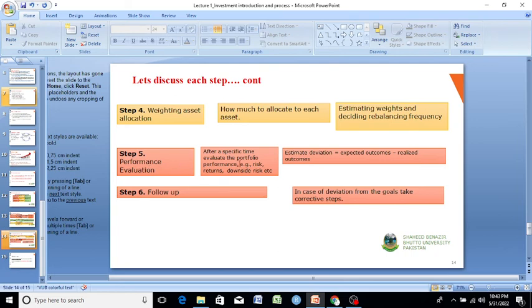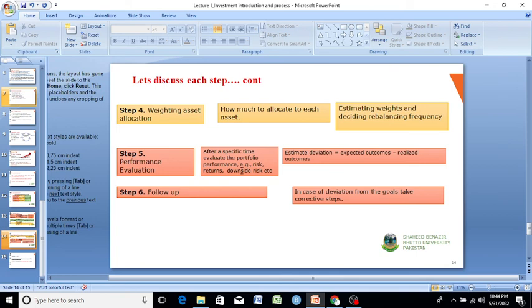For performance evaluation we normally evaluate the risk, returns, and also the downside risk, and there are many more financial performance evaluation tools that we can use. In this step we learn how much return we have generated at the cost of how much risk. Performance evaluation is very important because it helps us see whether we have achieved our goals or not.